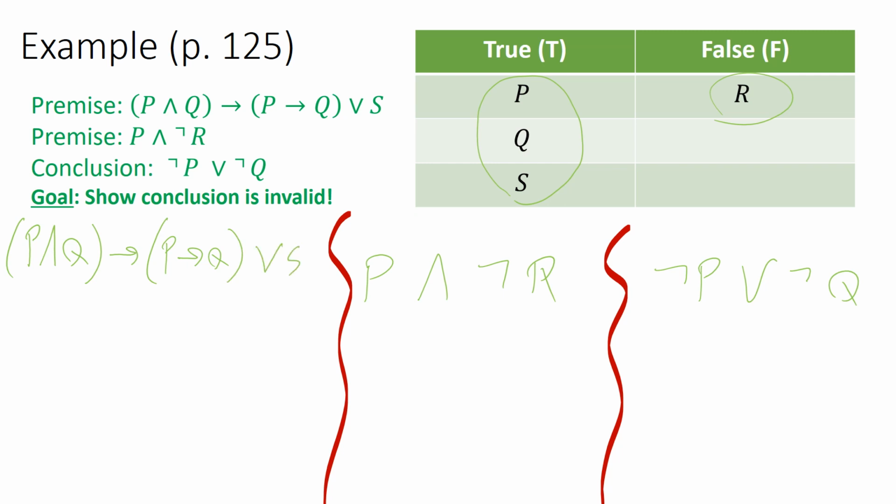So let's look at the conclusion and determine the truth value of that molecular sentence. P is true, but we're negating that, so then that is false. Not P is not the case. Q is true, but we're negating this, so that's false. And in this disjunction, both options are false, so it must be a false disjunction. So we have a false conclusion.